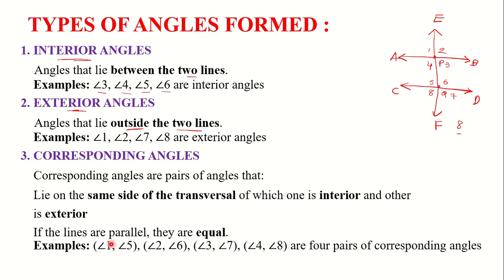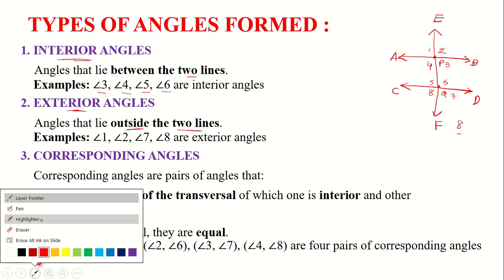Look here in the diagram, angle 1 is exterior angle and angle 5 is your interior angle. So in the pair, one is your interior angle and one is your exterior angle. Similarly, angle 2 and angle 6 are corresponding angles. Similarly, 3 and 7, 4 and 8. So from the figure, we have 4 pairs of corresponding angles.